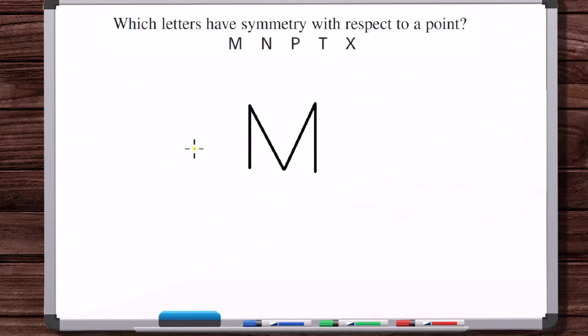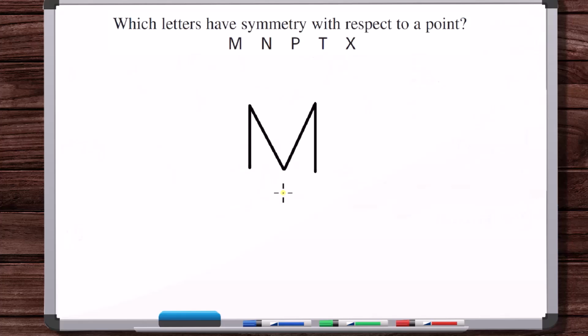So it really comes down to, what does a corresponding point mean with respect to a line or a point or a plane? Well, we just looked at what a corresponding point meant with respect to a line. With a point, it's just going to be that there's no perpendicularity involved.